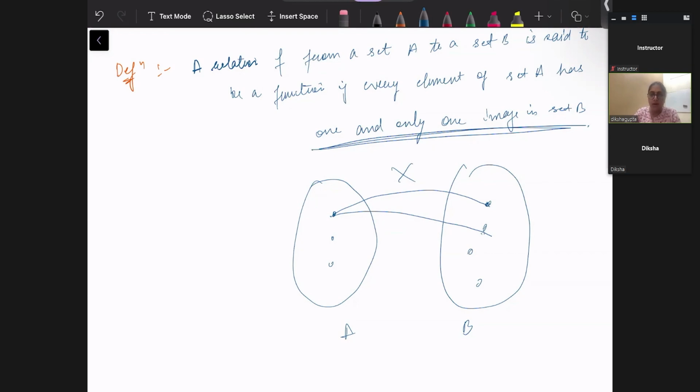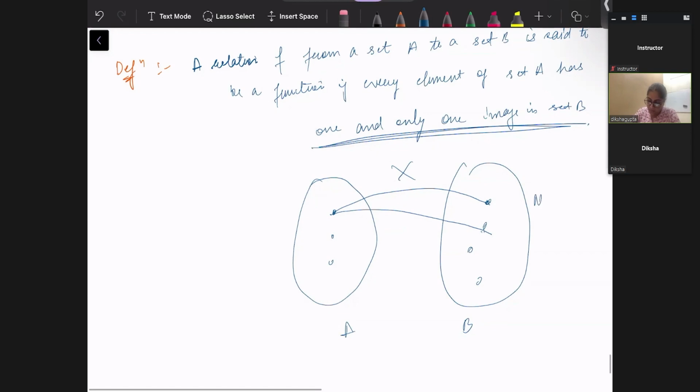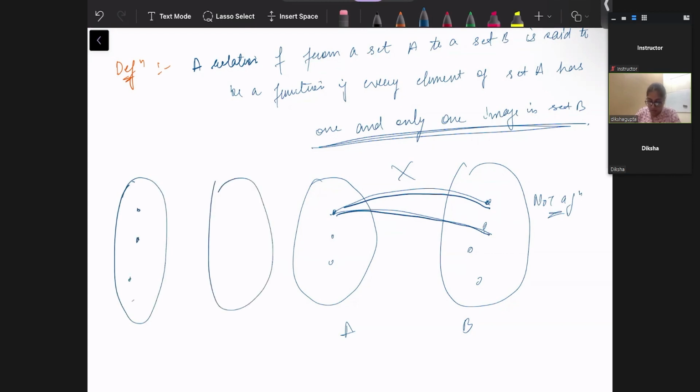So how do I remember it? That this is not a function. One bullet cannot go to two different places, right? But this is very much possible, that two elements can have the same image, right?